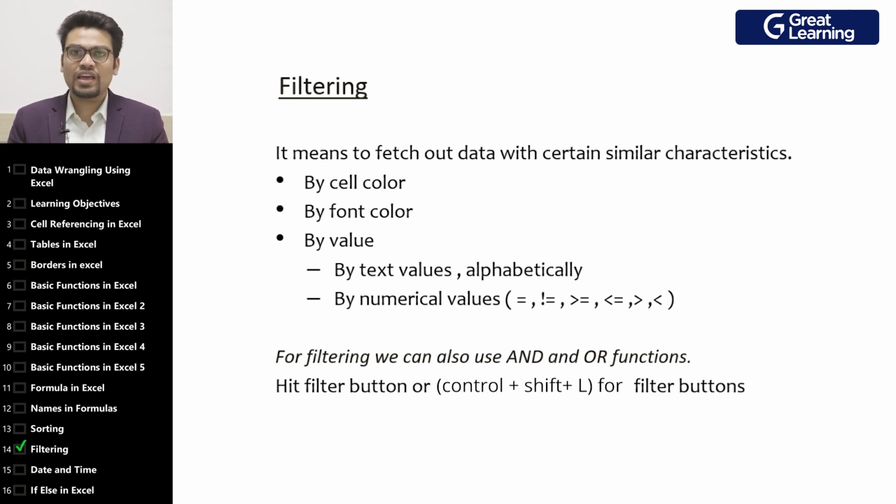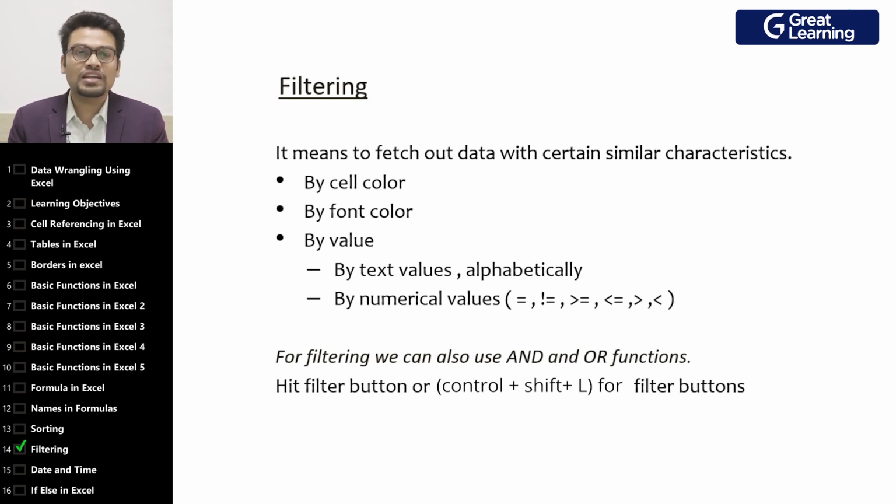In Excel, we have the liberty to use filtering on the basis of cell color, font color, and values. In values, we have two different types. The first type is on the basis of text. That could be alphabetical comparison, or say for example, if you want to check the names of the employees whose second alphabet in the name is A, you can do that as well.